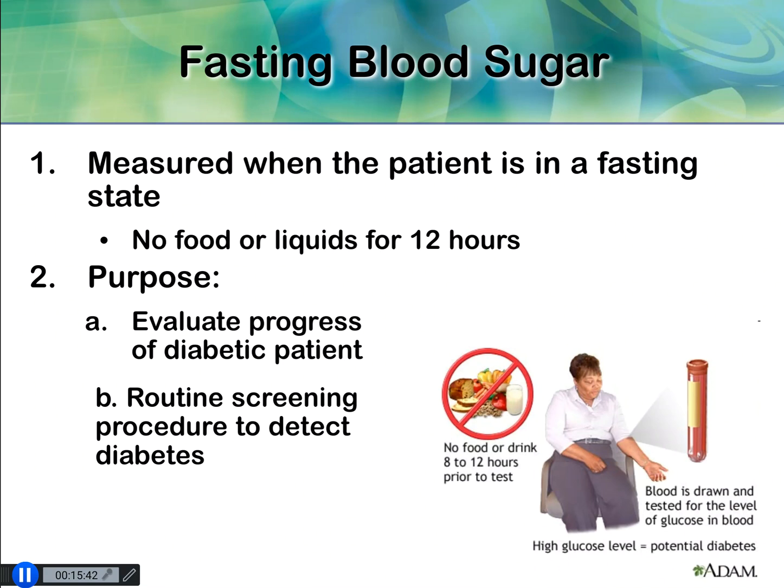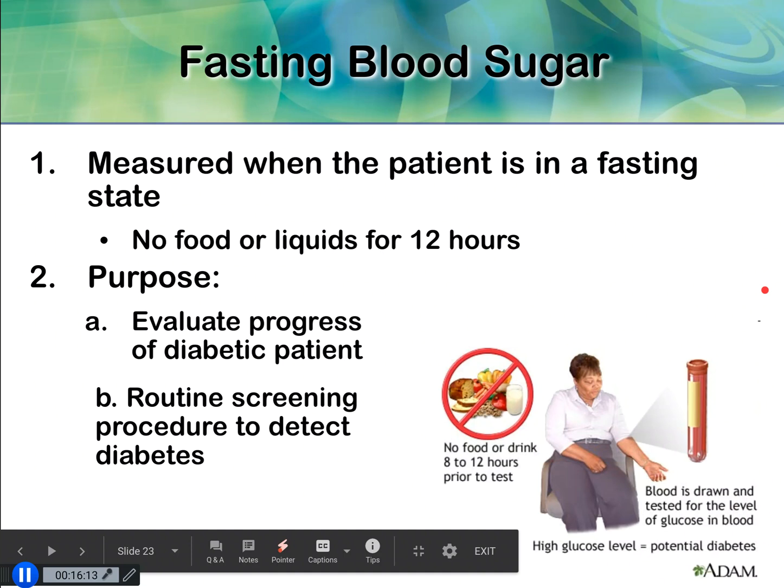So really, I just tell people nothing but water for 12 hours before the test. So it just evaluates how well your body is processing and using the glucose. So it can be used to diagnose diabetes, but usually it's used to kind of check in on the status of a diabetic patient, but you could use it as a routine screening as well.